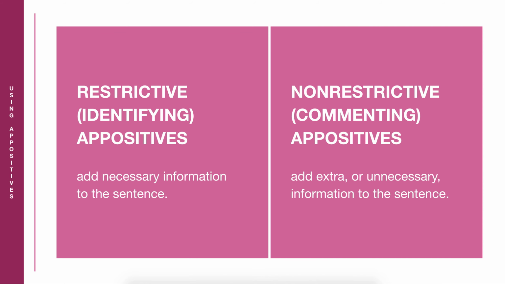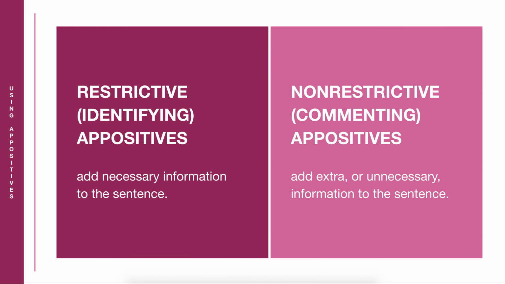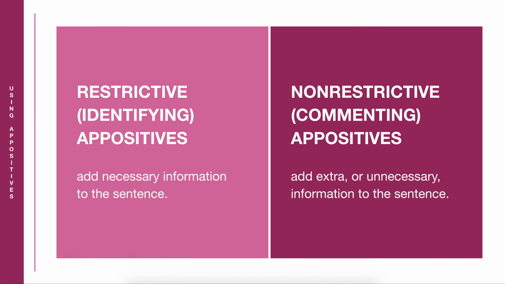We get additional naming for who that subject is. Now, when we talk about appositives, there are two main types of appositives that you need to know. The first is a restrictive appositive, and this is an appositive that identifies something, so it adds necessary information to the sentence. The other type is non-restrictive, and this is a commenting type of appositive. And what that means is that it adds extra or unnecessary information to the sentence.